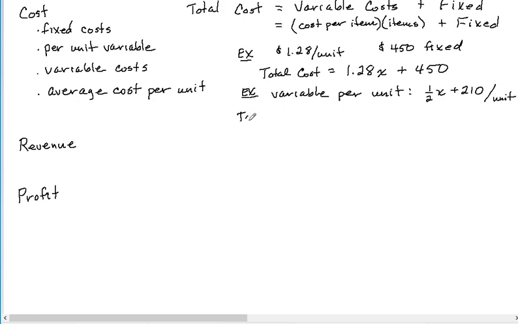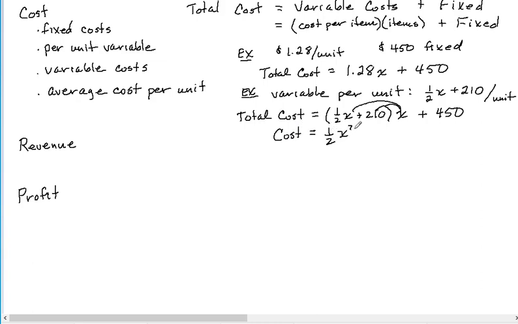So to create a total cost function, you need to treat that formula the same as you treated the constant of $1.28. It's the variable cost per unit times x plus our fixed cost of $450. And then the x can distribute through. Our total cost function would be 1/2 x squared plus 210x plus 450.